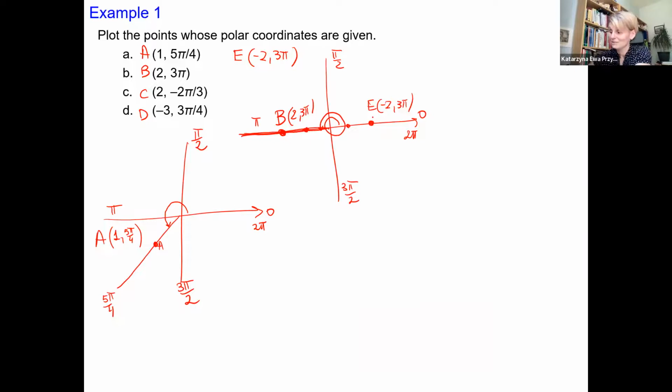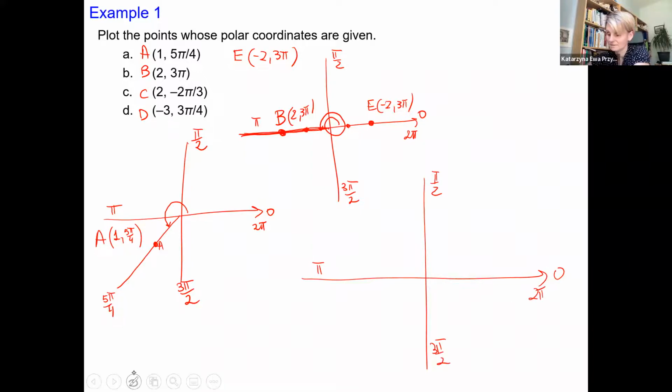Okay, what about point C? 0, 90, 180, 270, 360. Maybe I can use a different color, green. -2 pi over 3.